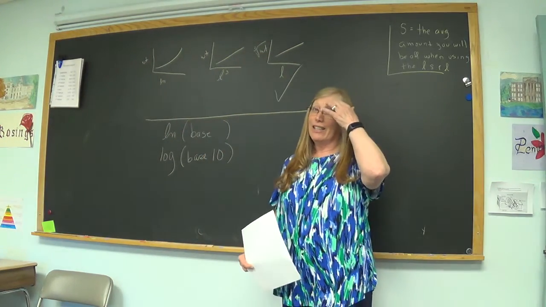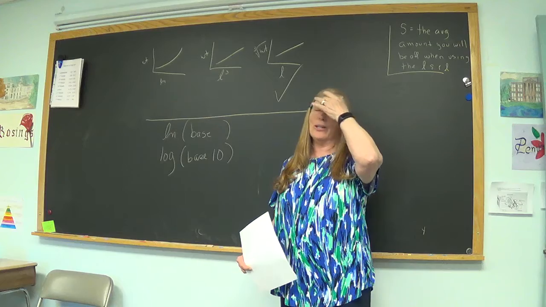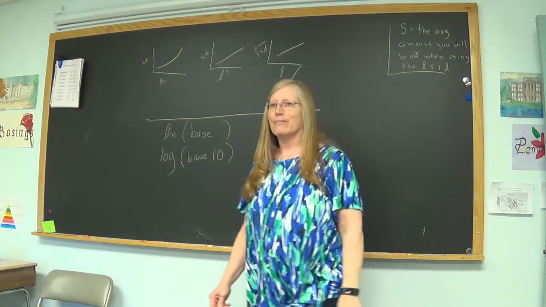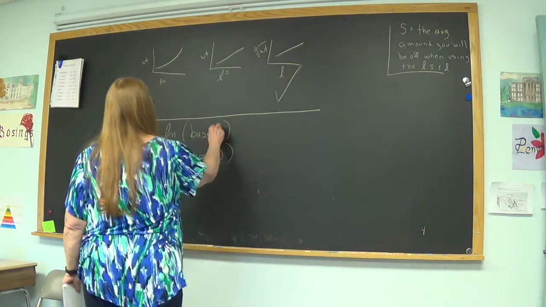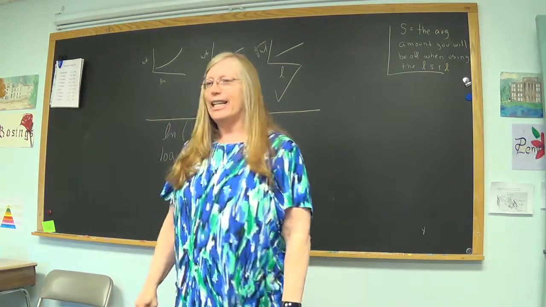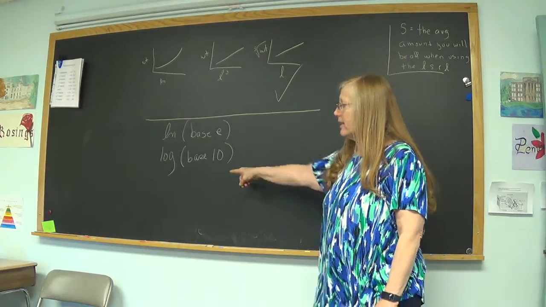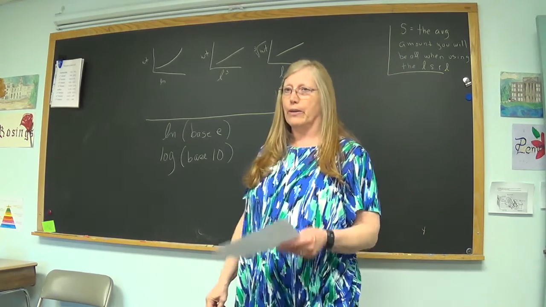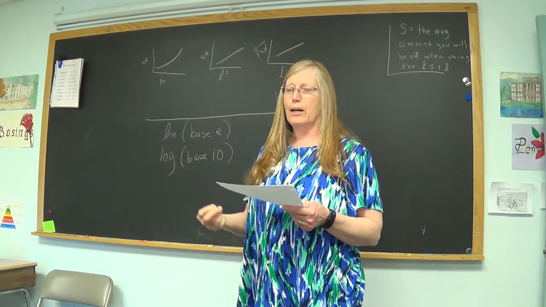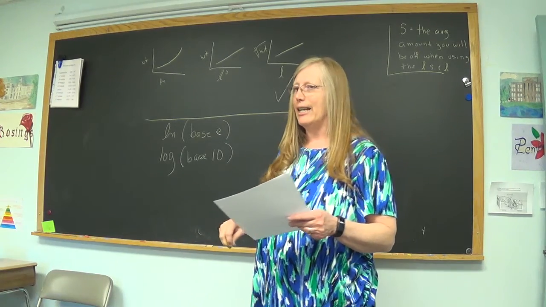Anyone? It's something weird like e. Very good, thank you. The base e logarithm is the natural log, and base 10 is the common log. So either one of those can be employed to help you straighten the data.